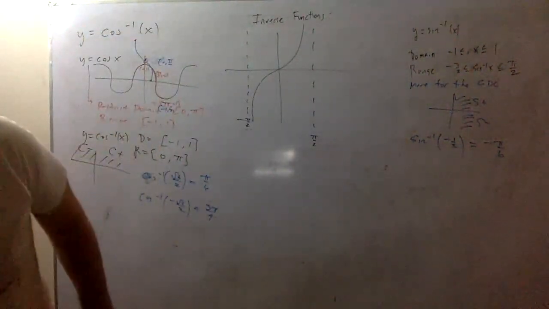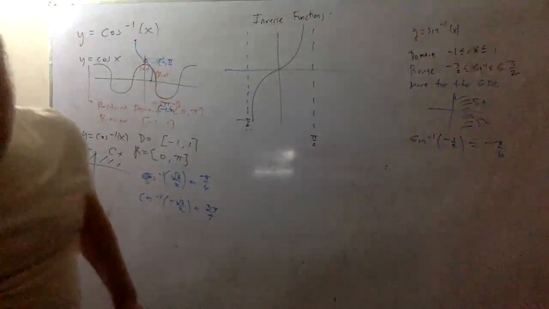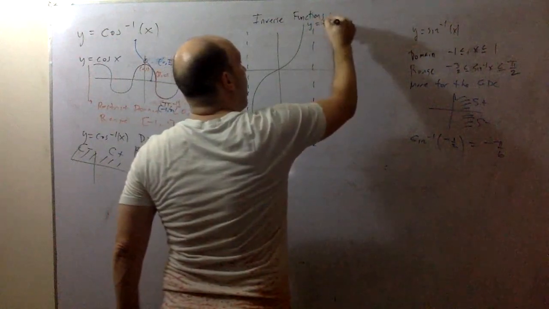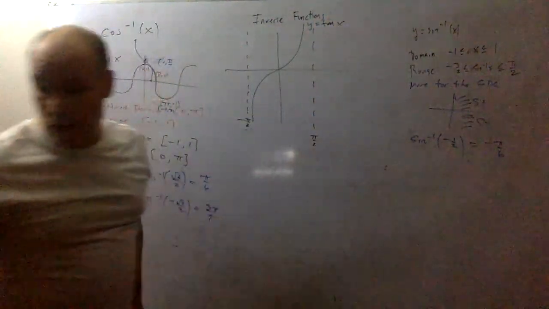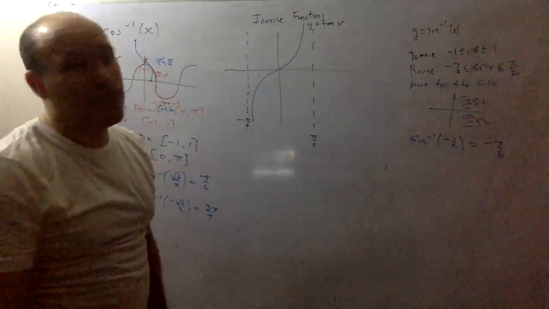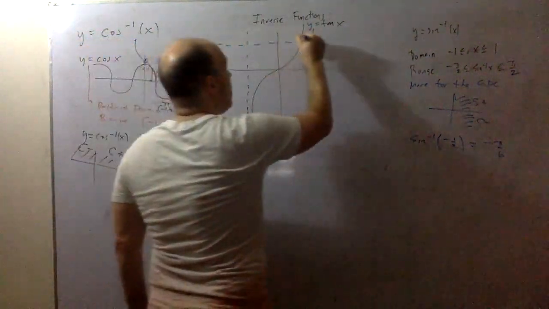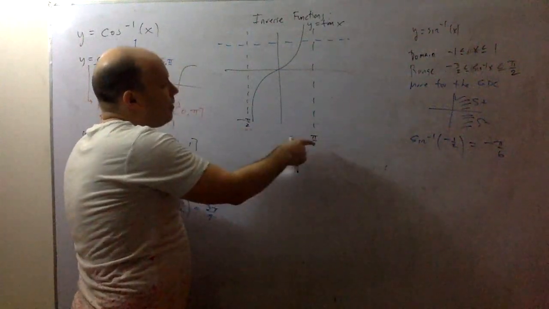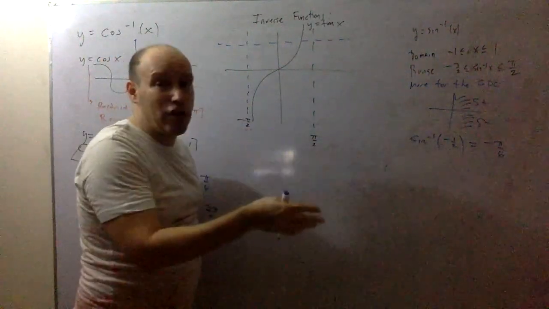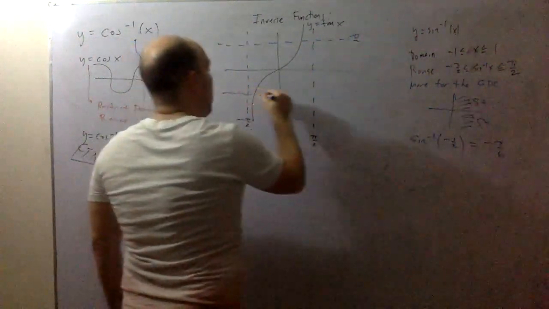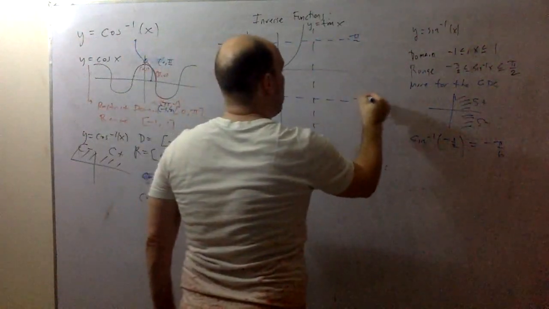So this is tangent, and therefore the inverse is just make these switch. So if the domain is negative pi over 2 to pi over 2, then the range of the inverse is negative pi over 2 to pi over 2.